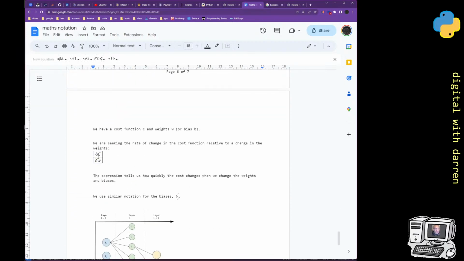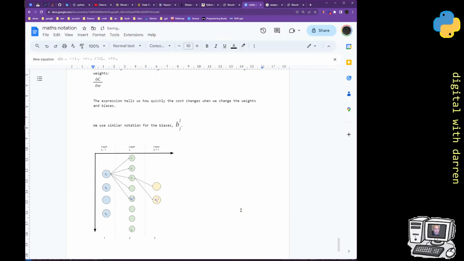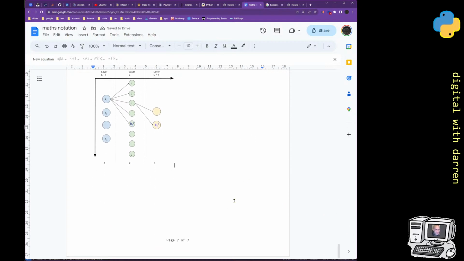This formula as well is size 18, but we want the formulas to be a bit larger, so I'll make this one a bit larger just so that we can see. There we go, so it's nice and clear. And that's pretty much it. We're going to get on to the formulas next.